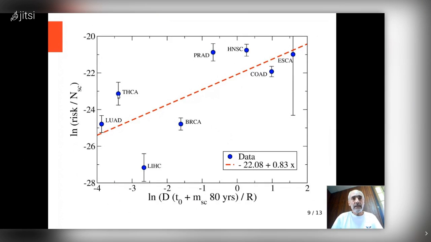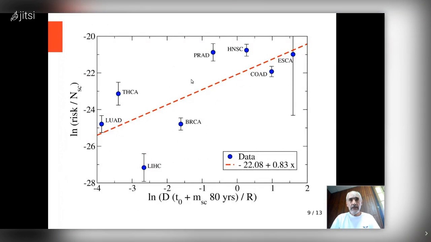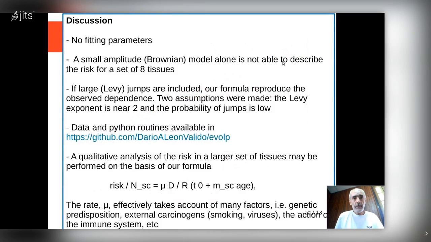That is, these differences are related mainly to the probability of large jumps, because it was assumed that these probabilities are roughly the same for all tissues. Okay, the differences here are due to differences in the probability. This is our guess.